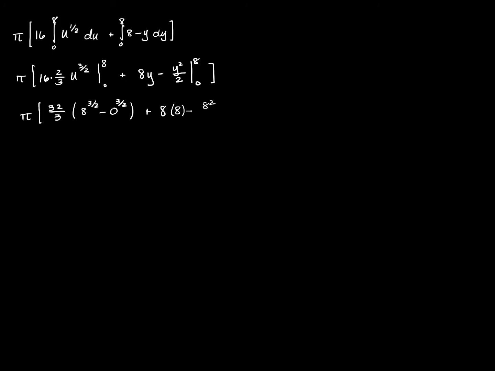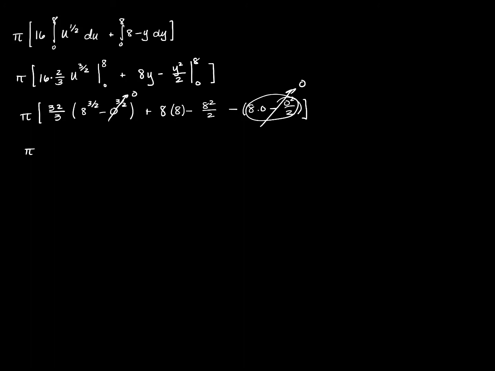Oops, I forgot to close my parentheses there. That's the first one. And then I'm going to subtract 8 times 0 minus 0 squared over 2. Close those final brackets. Now, this whole term here goes to 0, so I can ignore that. This term inside here goes to 0, so I can ignore that.